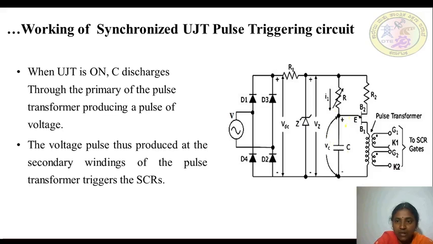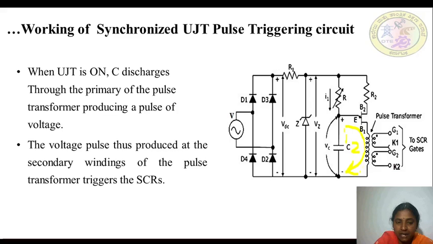Now the capacitor discharges through the pulse transformer, sending a current I2. This I2 current flows through the pulse transformer and capacitor.